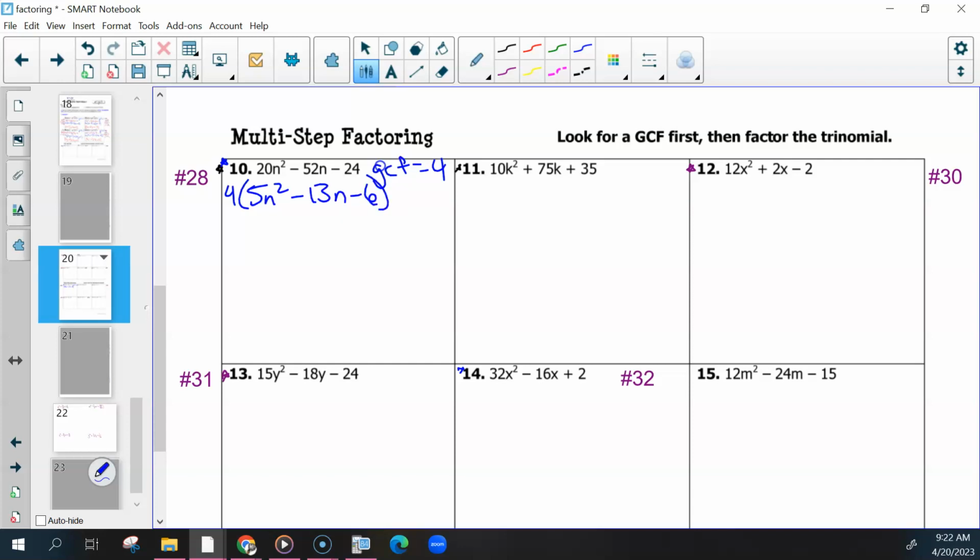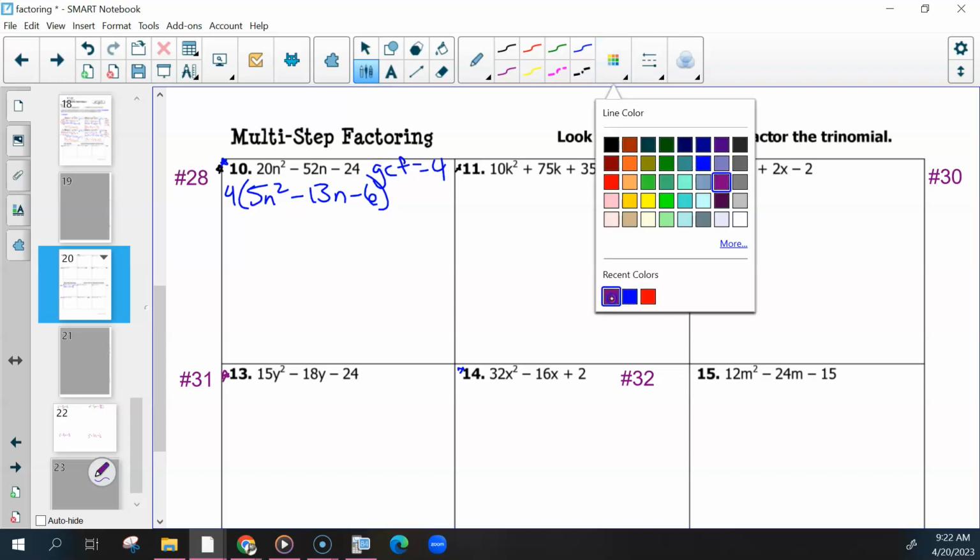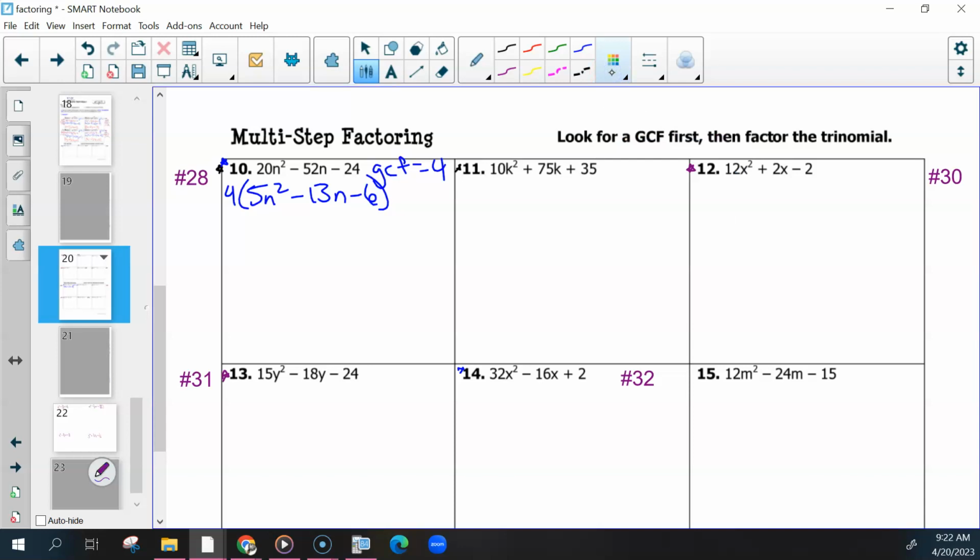So the problem has completely changed, but now the rest of the steps are the same. In all of these, we have to keep bringing down the 4 we factored out, because if we don't, our answer is not right. So multiply 5 and negative 6.